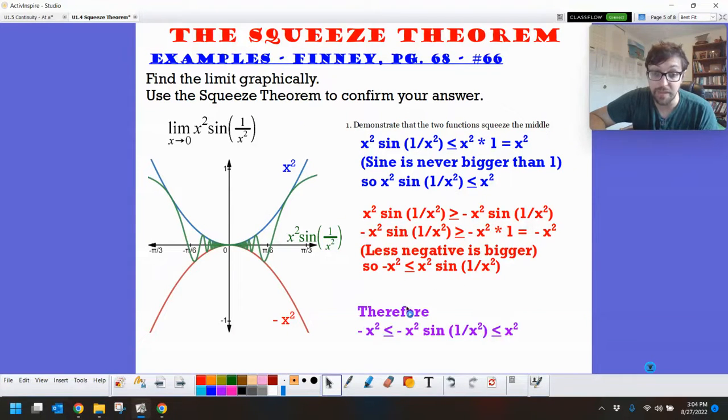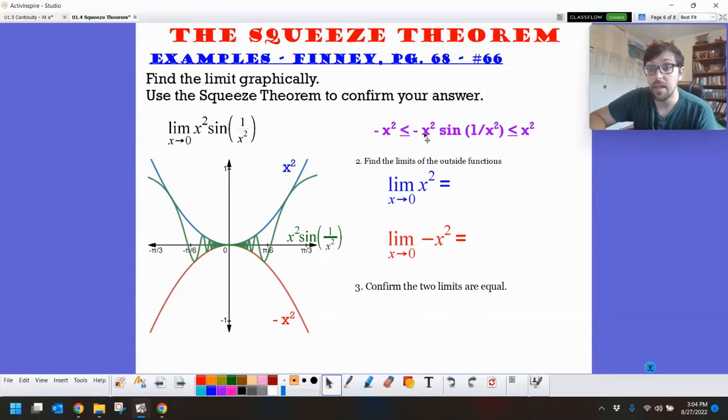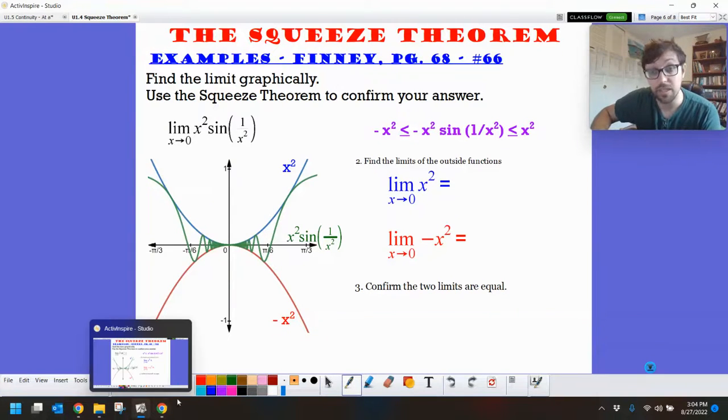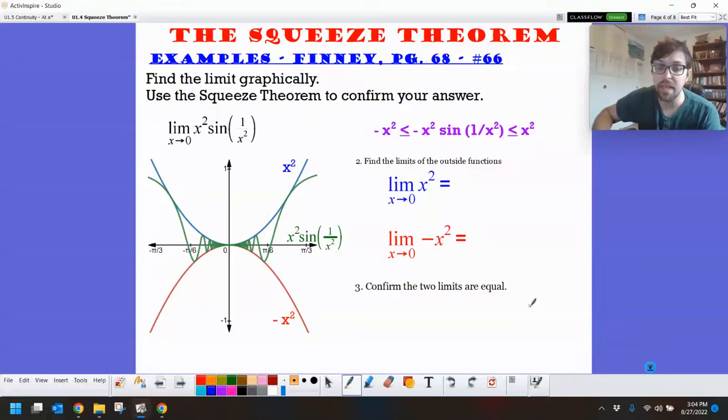Cool. So at this point, we know that the green function is squeezed between our negative x squared and our positive x squared. Now that we have completed step one, we have to figure out what is the limit of our outside functions. Fortunately, finding the limits of those outside functions is easy peasy since we can direct substitute. The limit as x approaches 0 of x squared is just going to be 0 squared, which is 0.